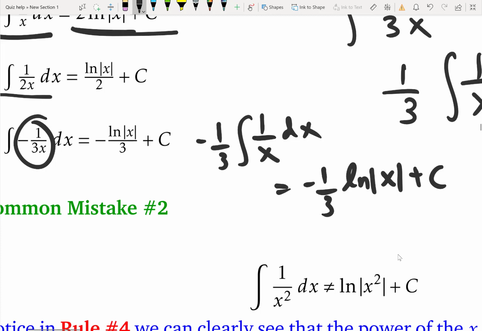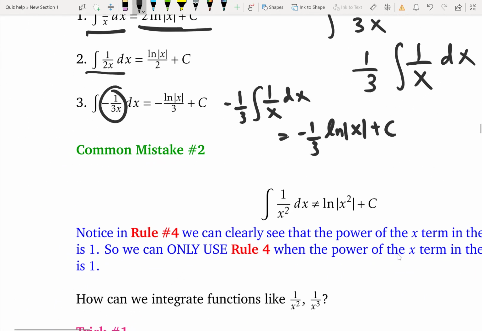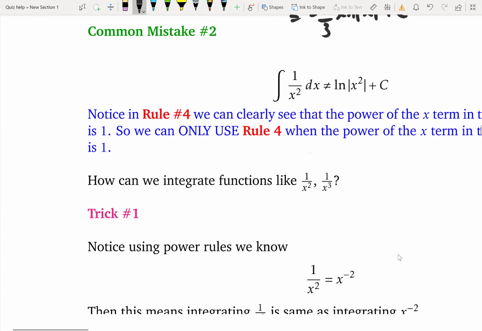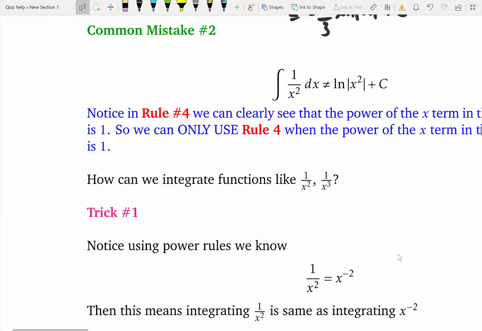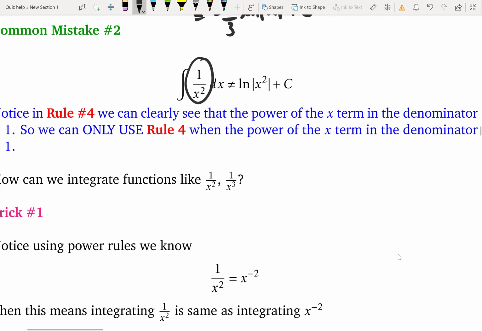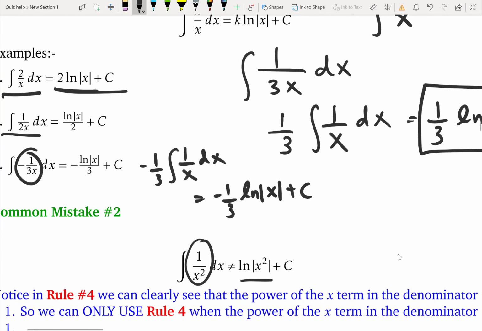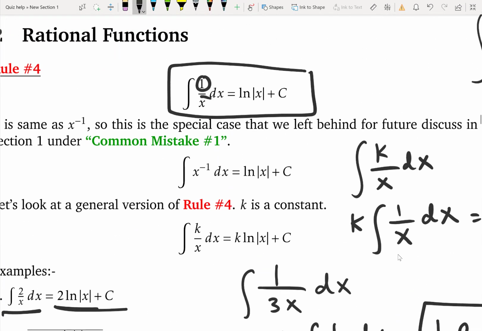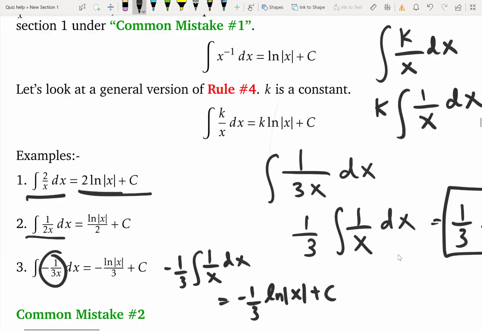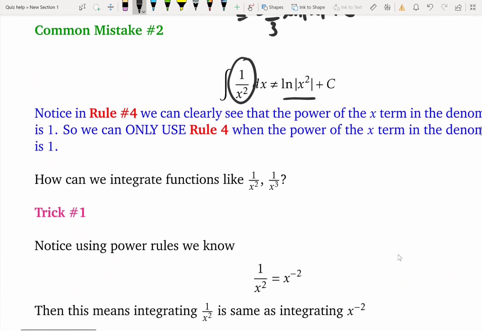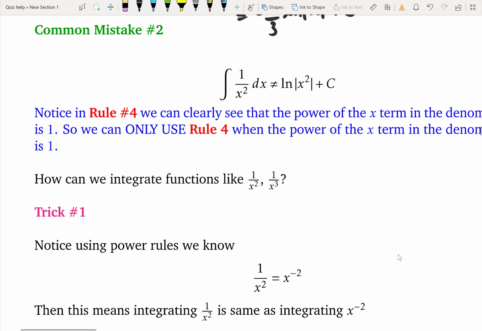Easy, right? All right, now here's a mistake that you make most of the time. This is very common, trust me. When you have to integrate 1 over x squared, does that mean the integral is natural log x squared? It seems like in this rule, you look at the denominator and you write natural log absolute value of the denominator. But is that valid when the power of x is greater than 1?